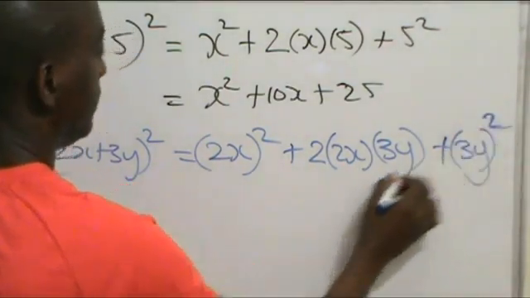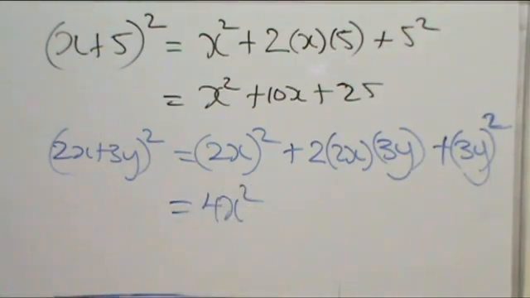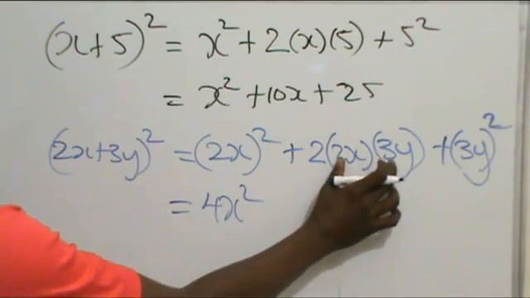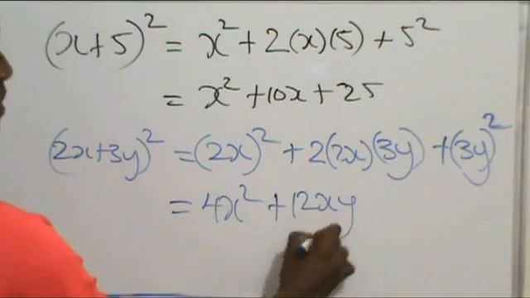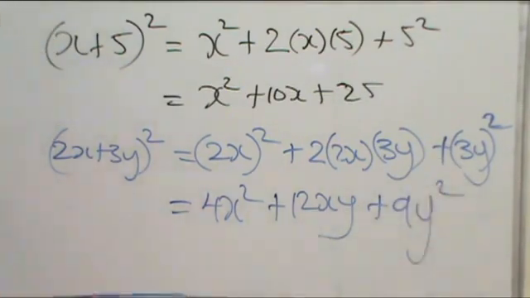Alright? 2x squared is 4x squared. 2 by 2x by 3y: 2x by 3y is 6xy, 6xy by 2 is 12xy. And 3y squared is 9y squared. Right? That is that example there.